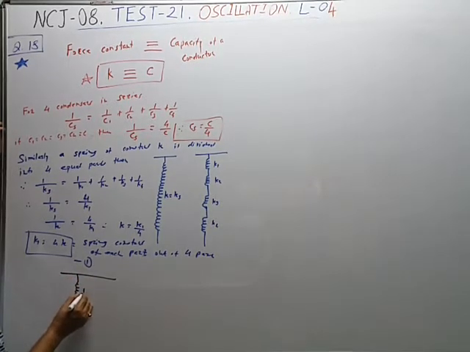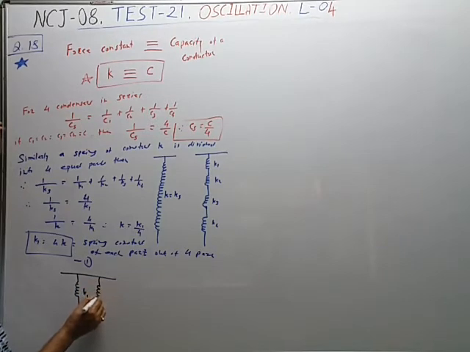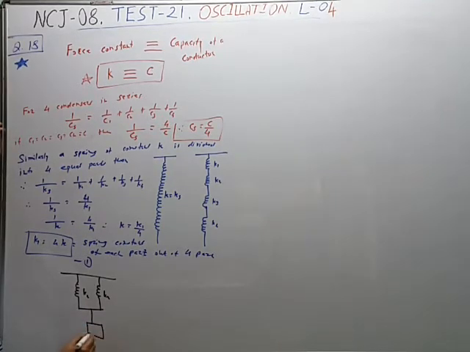This is the first part of constant K1. This is the second part of constant K2. They are connected in parallel, like this.